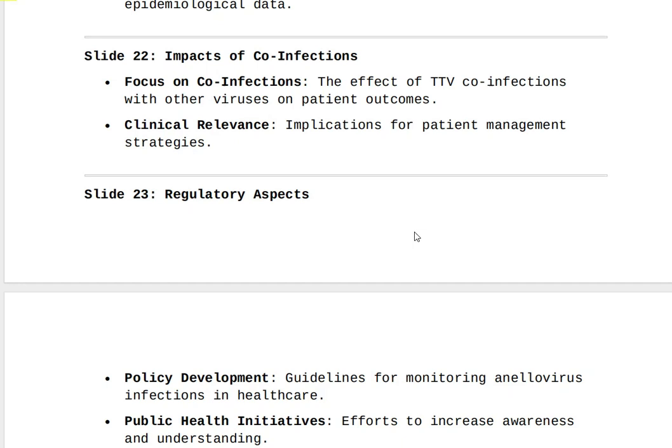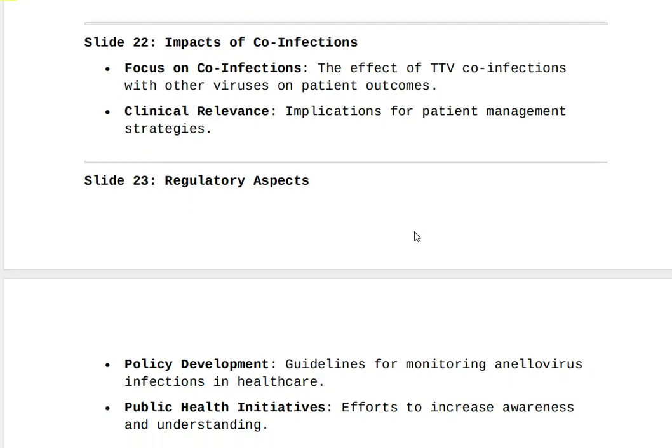Impacts of co-infection: we should focus on co-infections, so we can compare people who are infected only with hepatitis and those who have co-infection with TTV. Relevance: it has implications for patient management strategies.